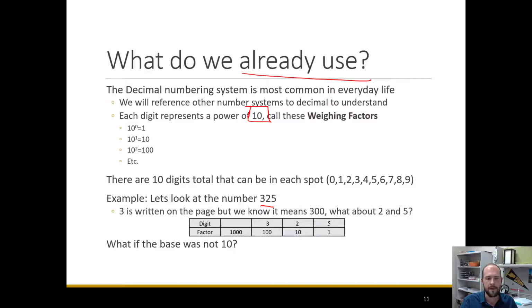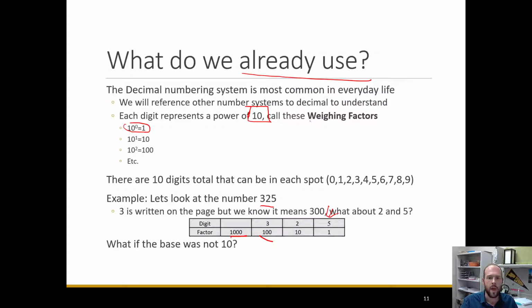And the 5 means 5, which is 10 to the 0 power. So each number, starting on the right, has the weight of 10 to the spot that it's in starting at 0. So 10 to the 0 is here, 10 to the first is here, 10 to the second is here, and so forth for thousands and onward.